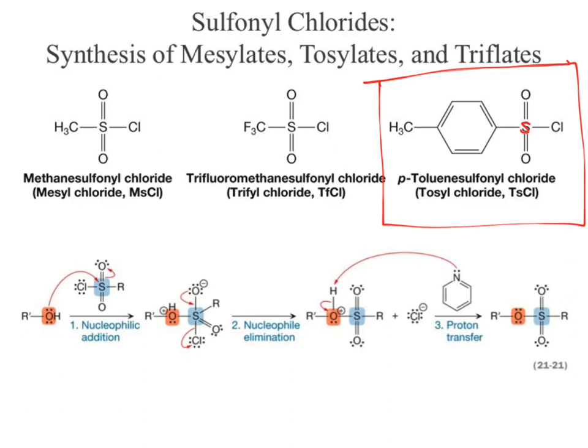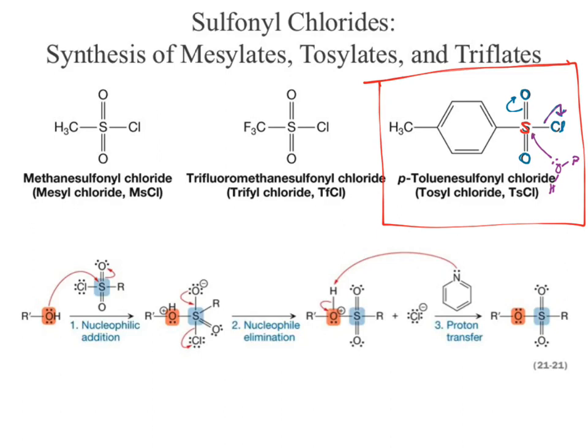Why was that sulfur a good electrophile? We have an inductive effect, 3 electronegative elements. We have a resonance effect, making the sulfur positive. We have a great leaving group in the chlorine. The mechanism behind that was that our alcohol had its electrons attack the sulfur.